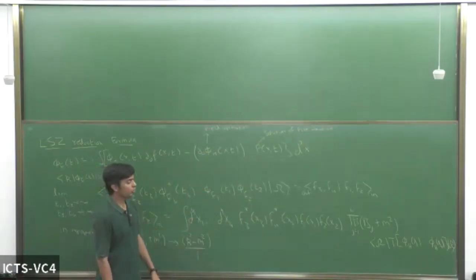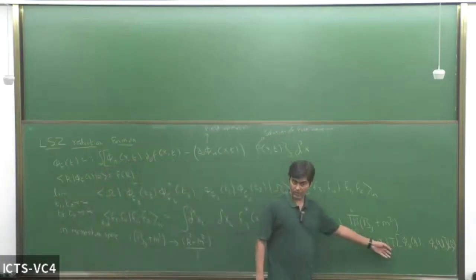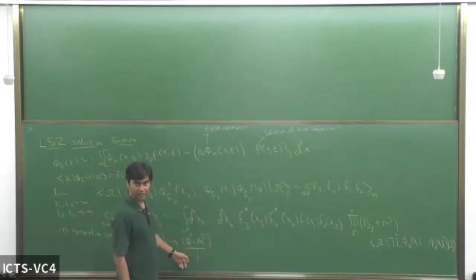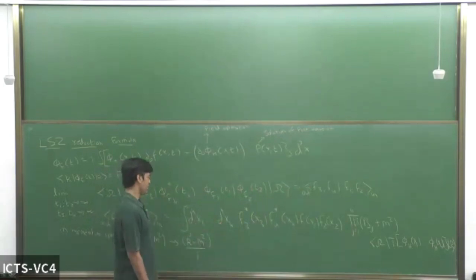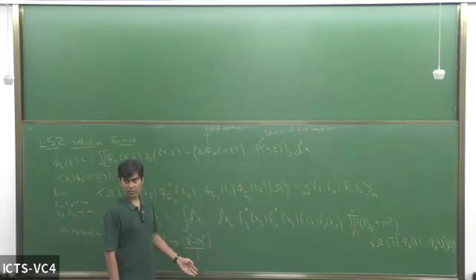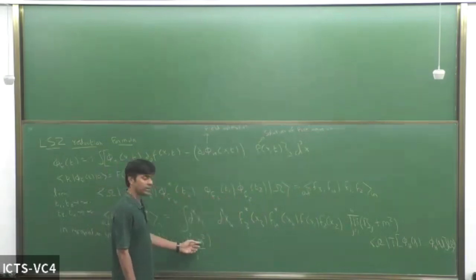So in the end, it's as if you're computing this in momentum space. Then you strip off this factor and you put the momenta on shell. Now you might have said, if I strip off this factor and I put the momenta on shell, I'll get 0. You would have got 0, except that the Green's function has a pole at this value.